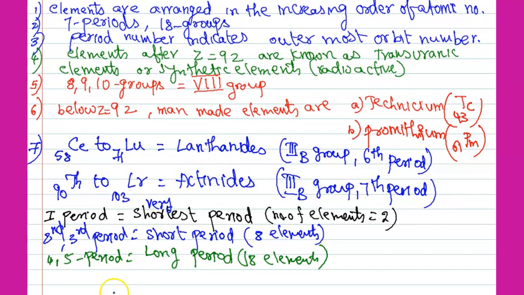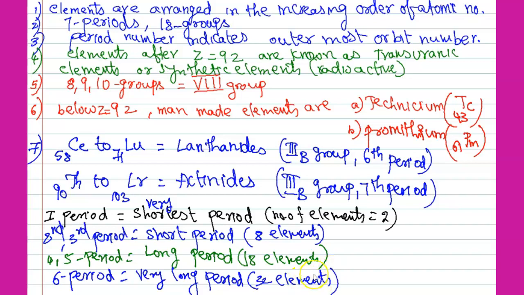And the next one, the sixth period, is a very long period, because it contains 32. Actually, the seventh period also nowadays contains 32 elements. So this one is also a very long period only.